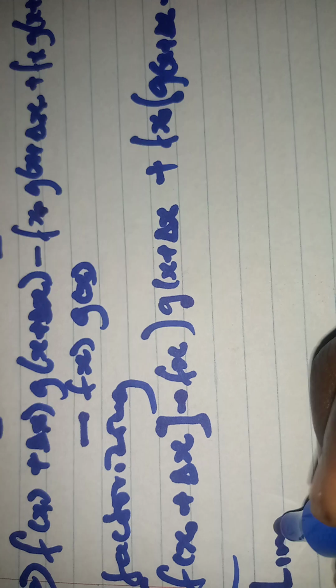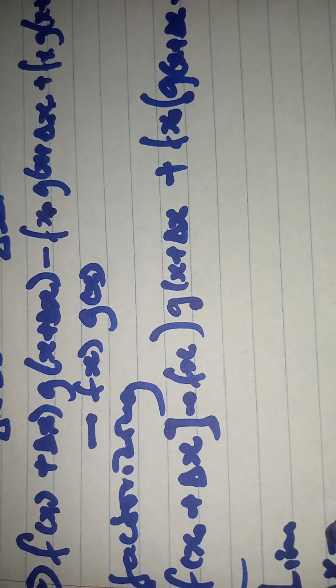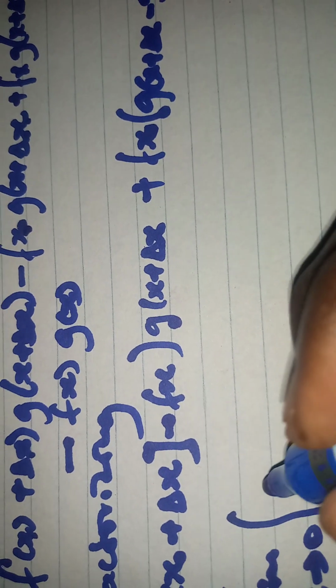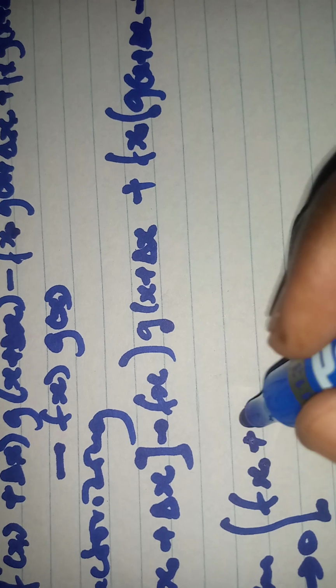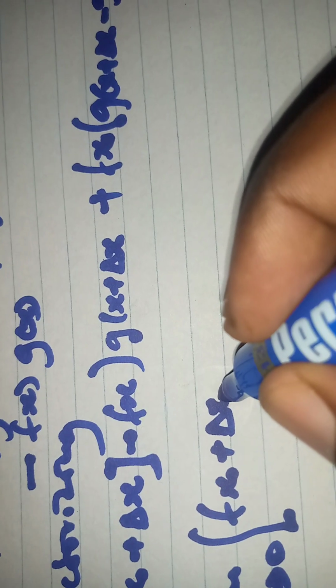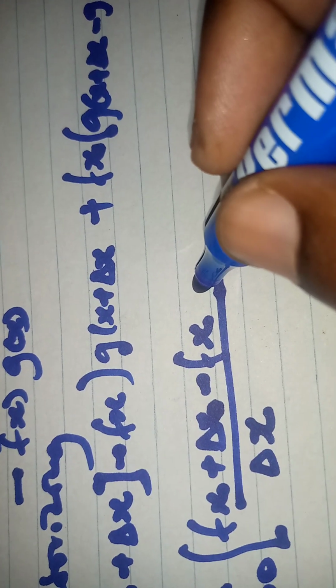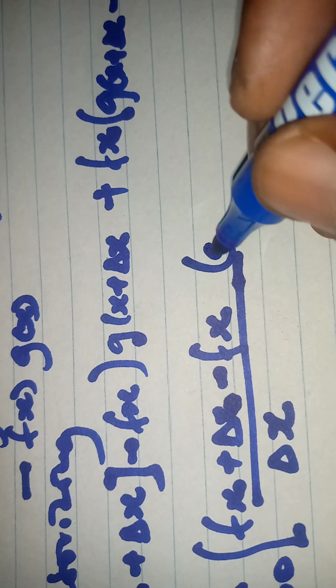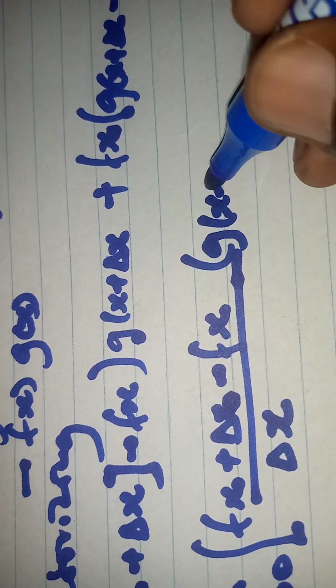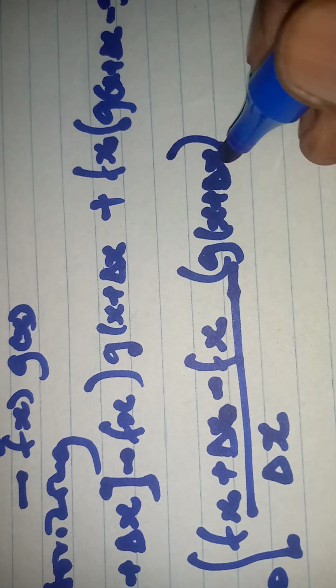So introducing my limit, the limit as the small change in x goes towards 0 of f of x plus small change in x minus f of x over the change in x. Remember, here I have g of x plus small change in x. I've just taken the limit of this side.